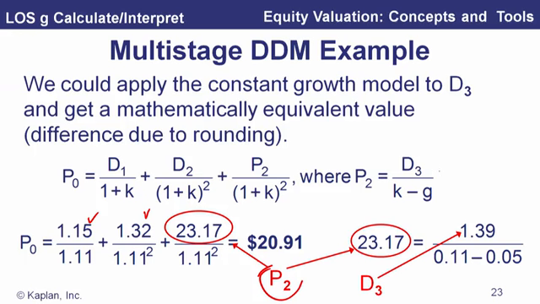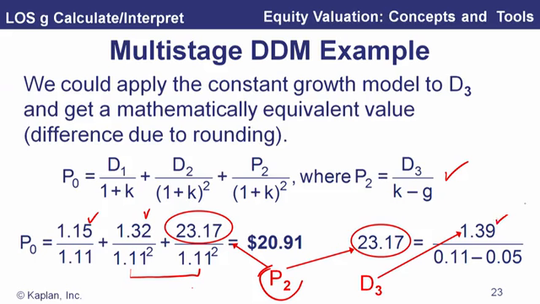That's what we get by applying the constant growth model to D3. We get a time 2 value. So here's the way you might often see it in the textbooks. But as we saw, we can get the same answer by using the constant growth model on the first dividend that will grow at the constant growth rate.